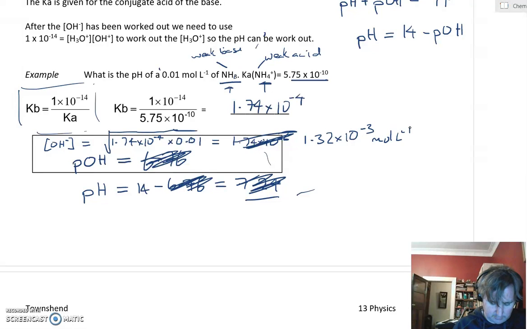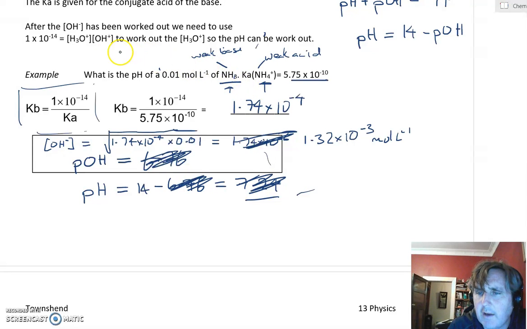So negative log, we've got 1.32 exponential negative 3. Okay, I'm just going to go through and log that. And it gives me 2.88.